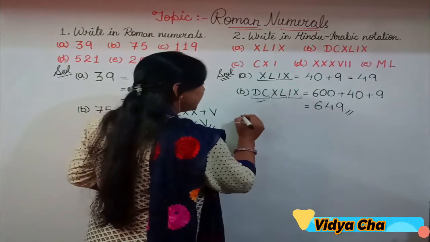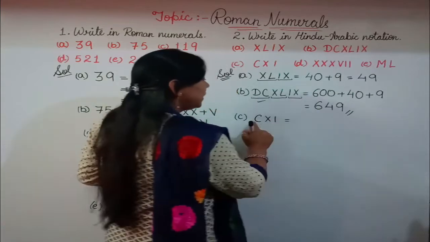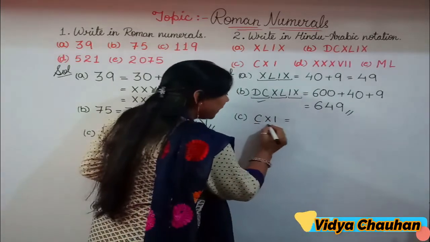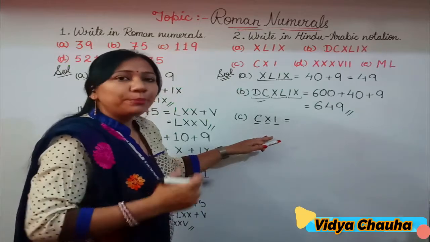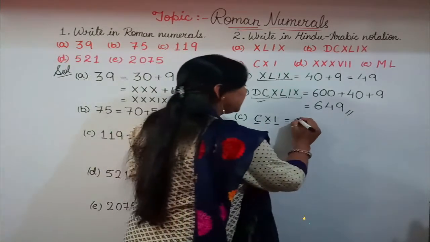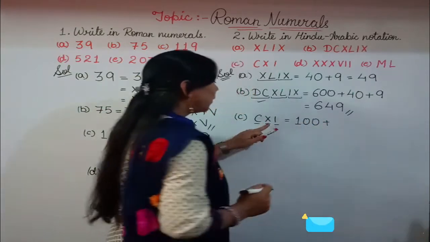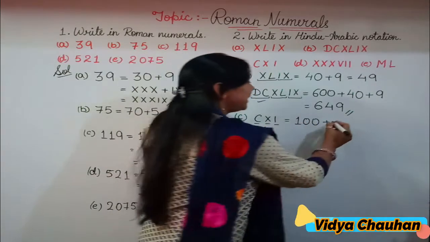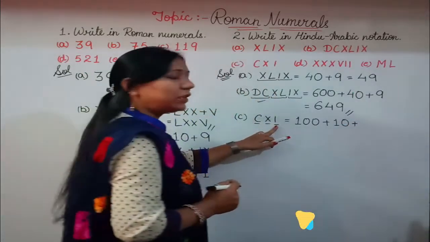Coming to the next part, C part, CXI. Here in this case, you can write all the three Roman numerals separately. What is the value of C? The value of C is 100. Plus, what is the value of X? It is 10. And then, what is the value of I?